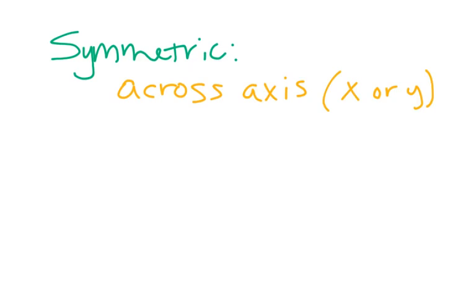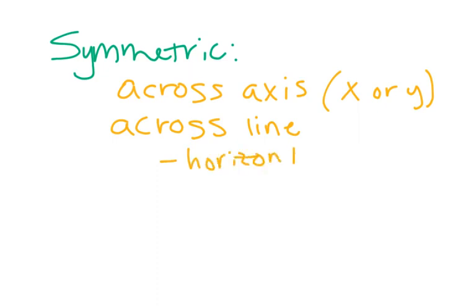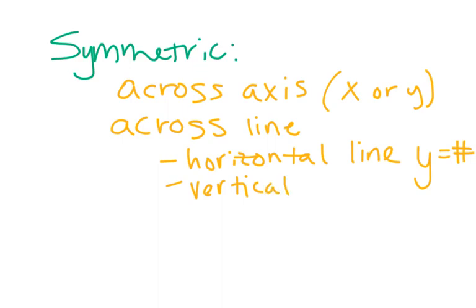And other than being symmetric across an axis, and you would want to say which one, it could be across a line of some sort. So it could be a horizontal line. And the way that you would say a horizontal line is y equals whatever number that is. If it's a vertical line, other than the axis itself, that's going to be an x equals a number.